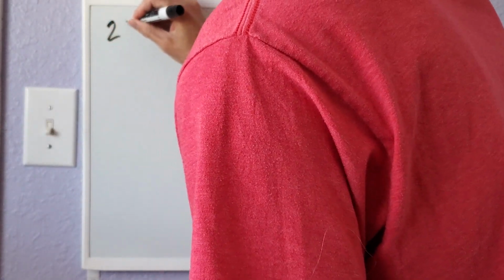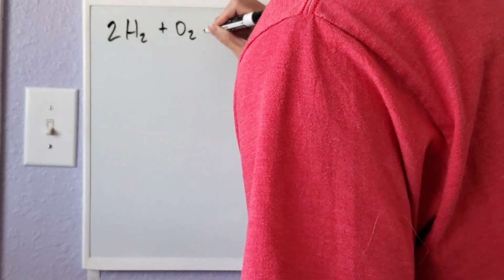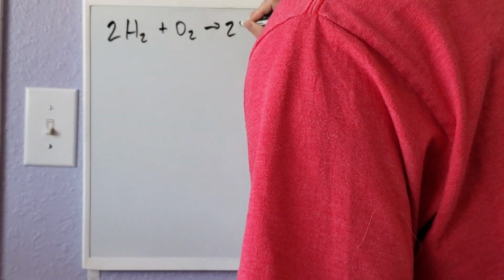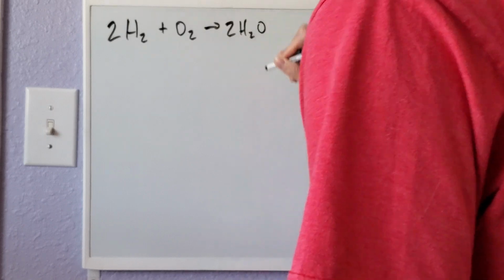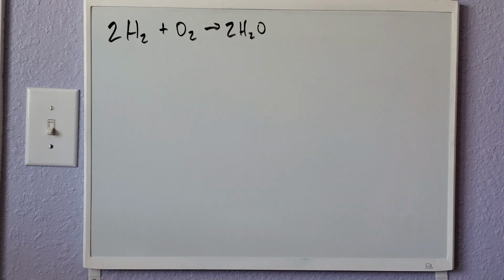If we normally write out the chemical reaction for water, we would write 2 H2s plus an O2 will produce 2 H2O. But as you can see here, whenever we create this, we're actually forming 2 molecules of water.